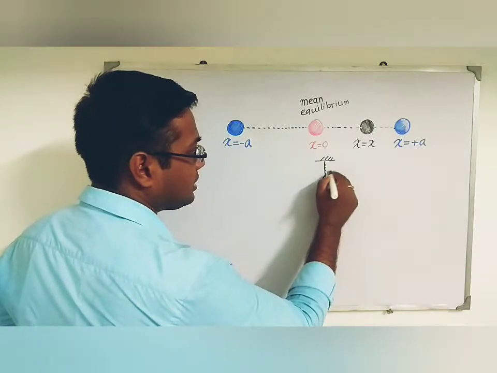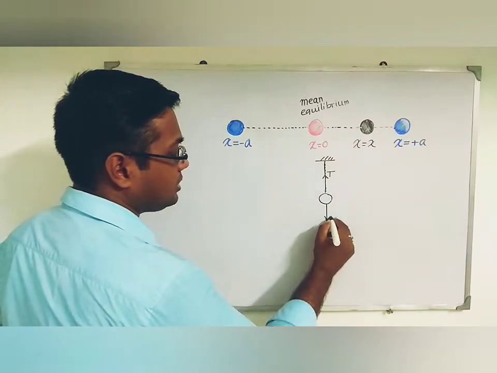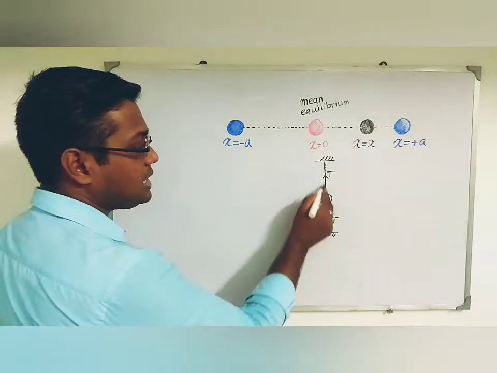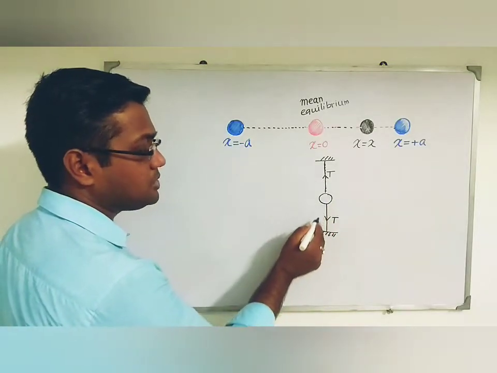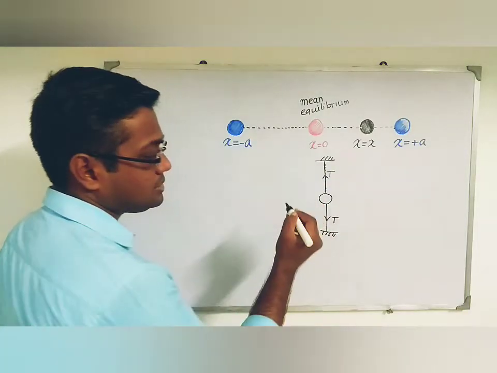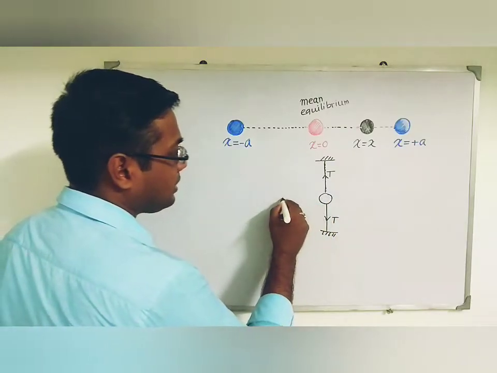The upper string pulls it by the tension force capital T. Similarly, the lower string pulls it by the tension force capital T. So, under the action of two equal and opposite forces, it is at rest, or the resultant force acting on it is 0.